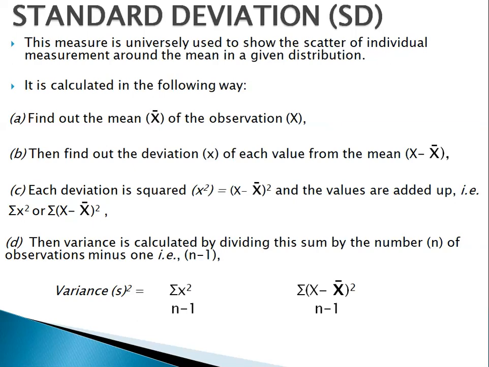The variance is calculated by dividing this sum by the number of observations minus 1, that is n minus 1.